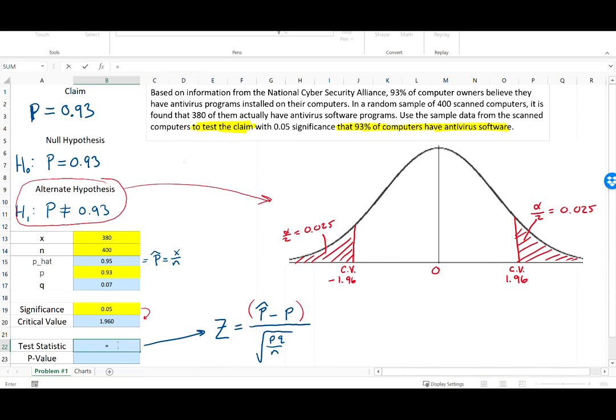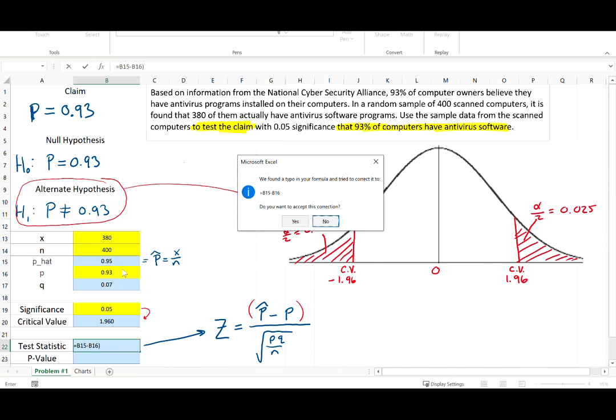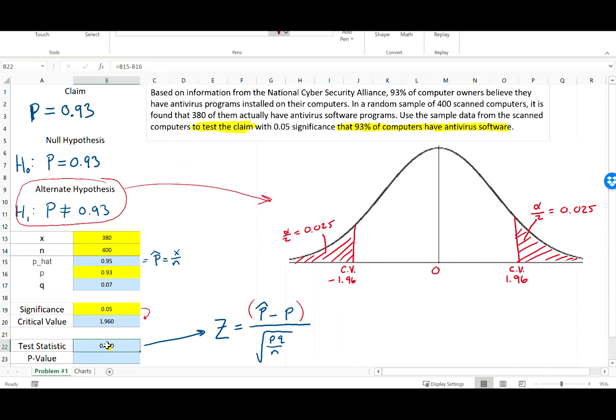So that's equal to (p hat minus p) in parentheses, divided by the square root, sqrt, of p times q divided by n.